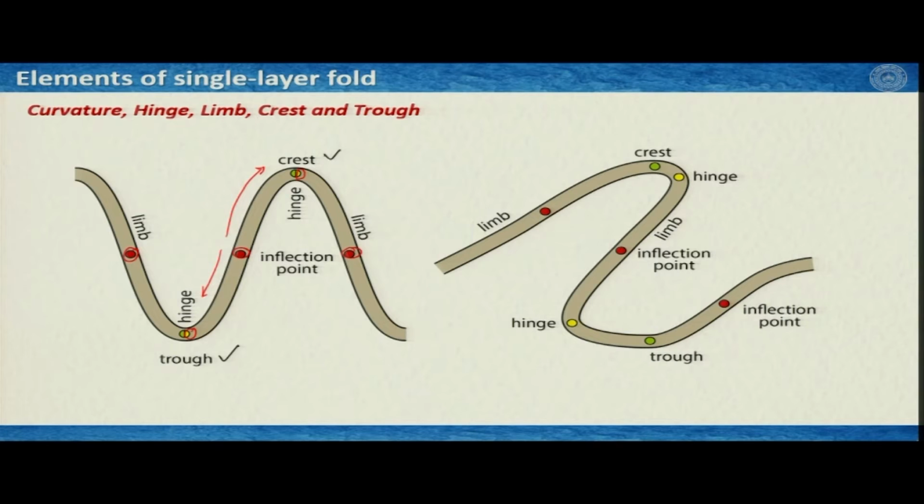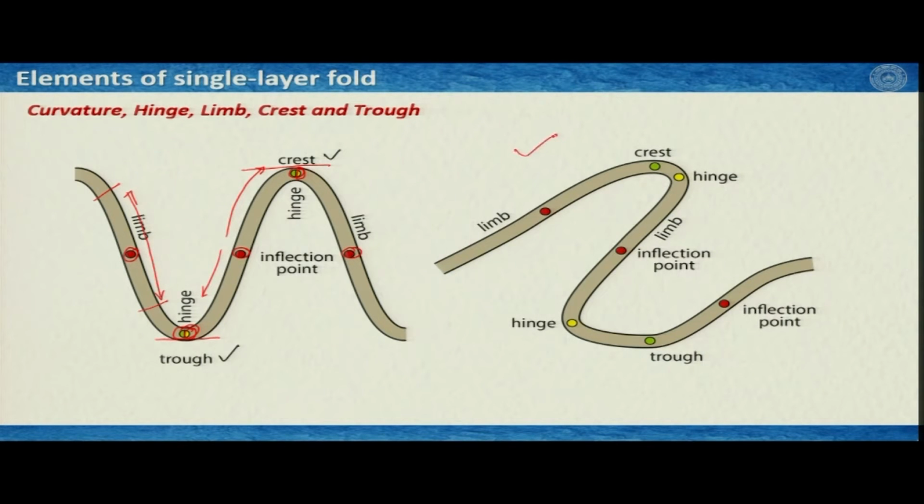Now, crest, at least in this image, is the maximum elevation you can achieve in a fold train, and in this case it coincides with the hinge point, and similarly the trough, which is the lowest point you can achieve in a fold train, coincides with the hinge point as well. The limb is this entire region from the hinge zone to the next hinge zone in that segment.